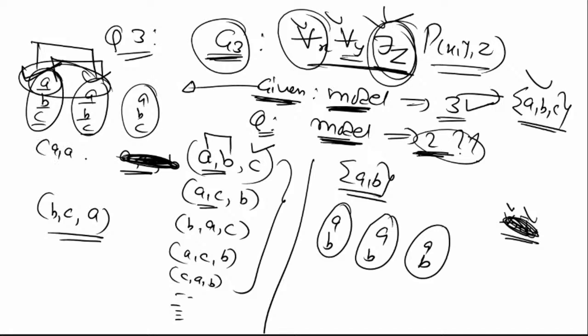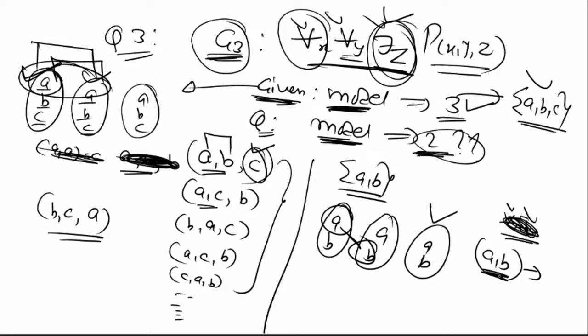Whatever you do, the point is, what will exist for A comma B? That is the question. For this A comma B, we have C. But in this, we don't have C.